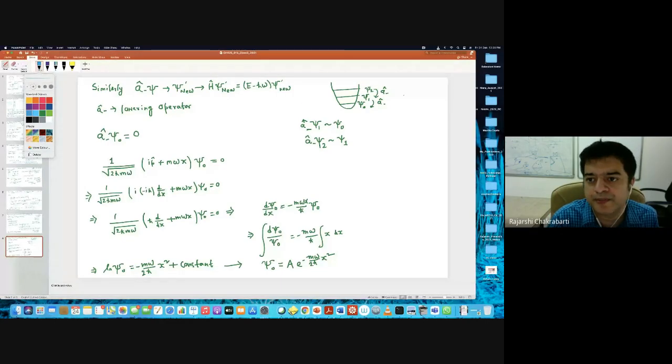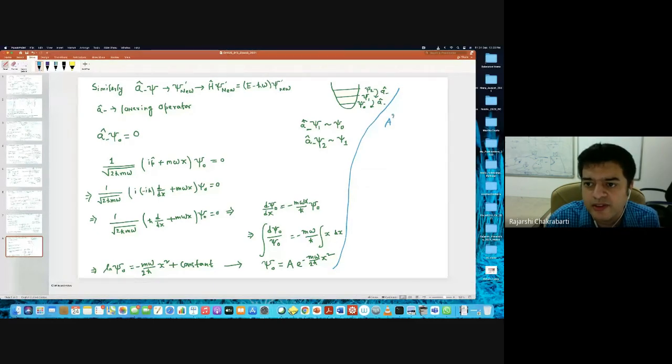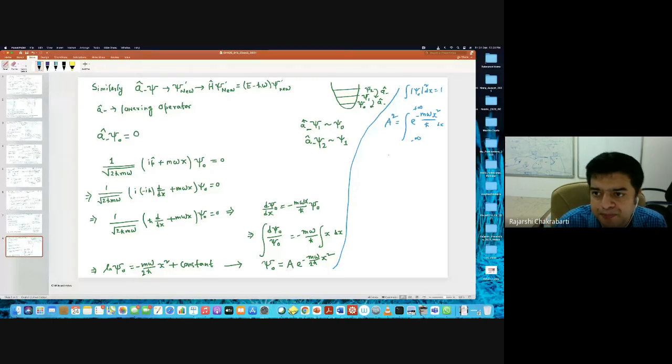Let us calculate A. A squared is going to be, I'm assuming A is real, because we have to take the square, so this 2 will go. Essentially, I am doing this. So the integral of psi 0 squared equals A squared times this.